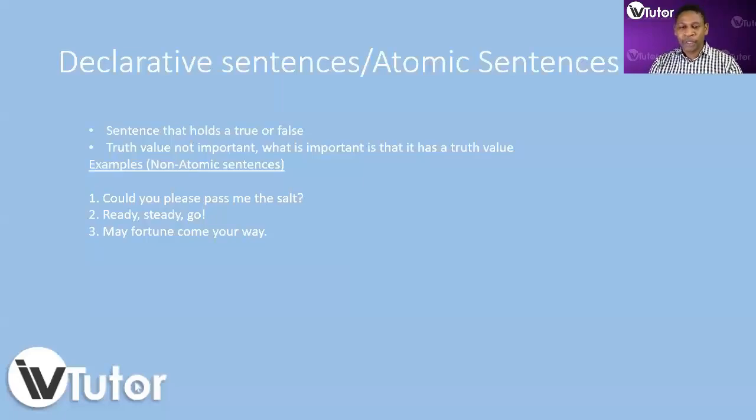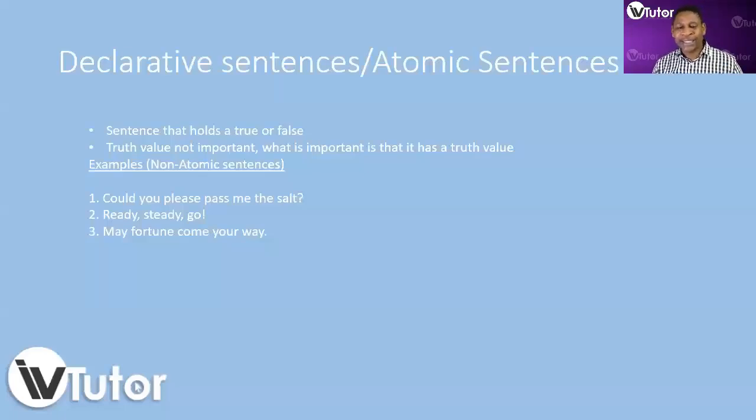For example, when someone says, "May fortune come your way," the only thing you can really say is thanks. It does not demand a true or false answer, so we cannot have that as a declarative sentence.